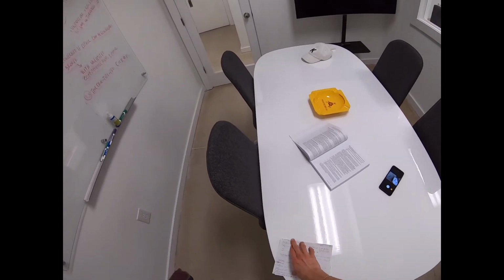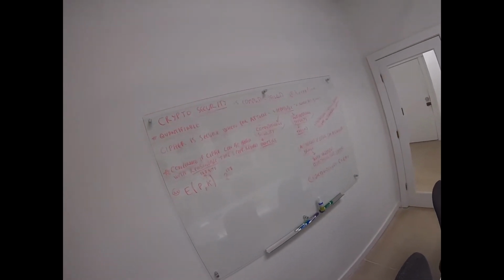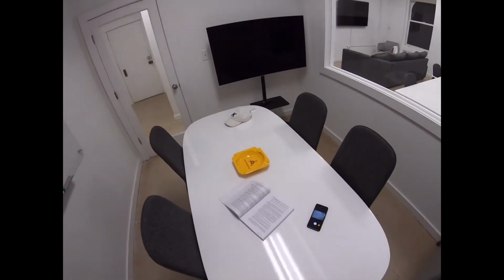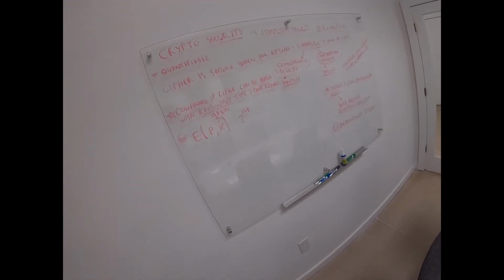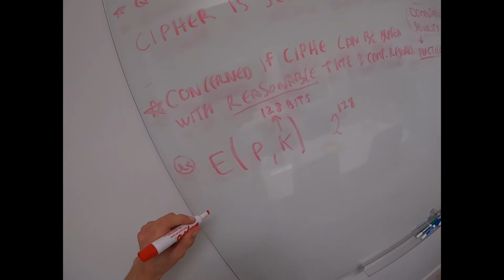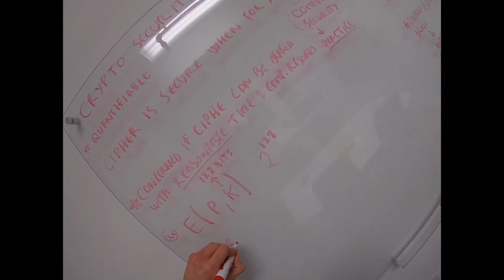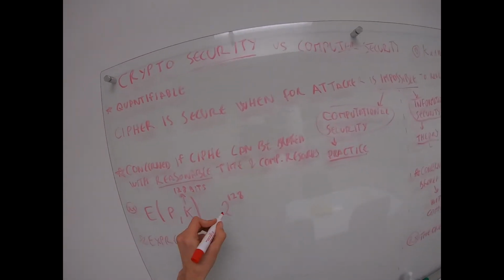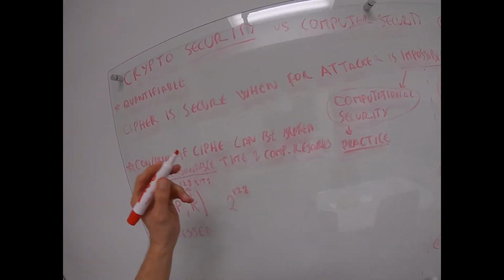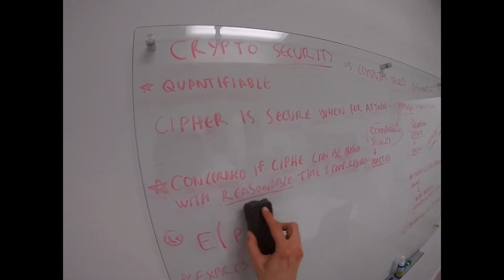Let's also express computational security using two values. Actually, we're going back to this example, so let me make some space.